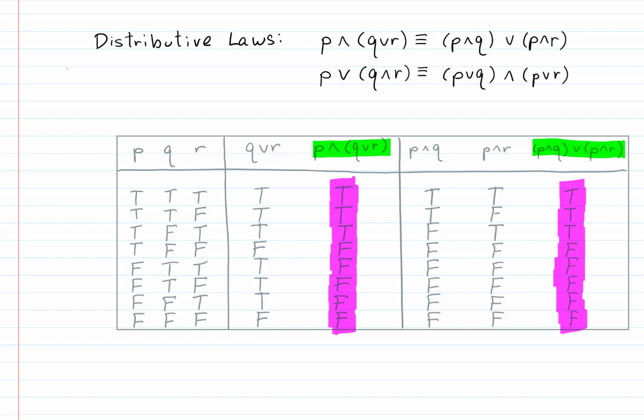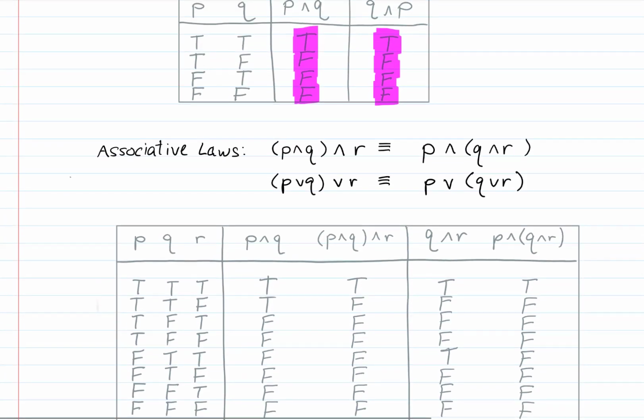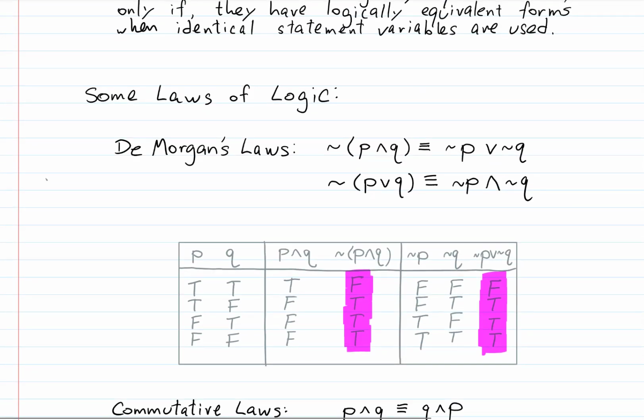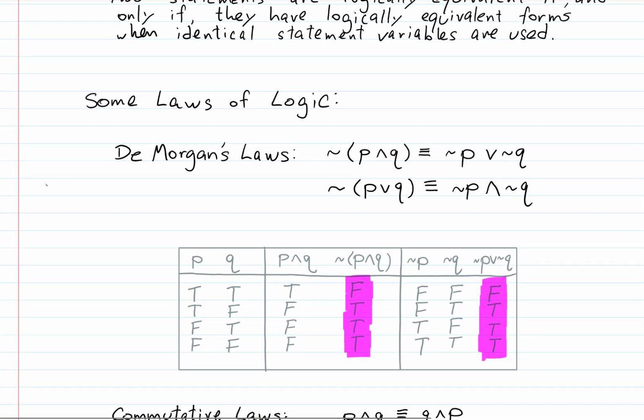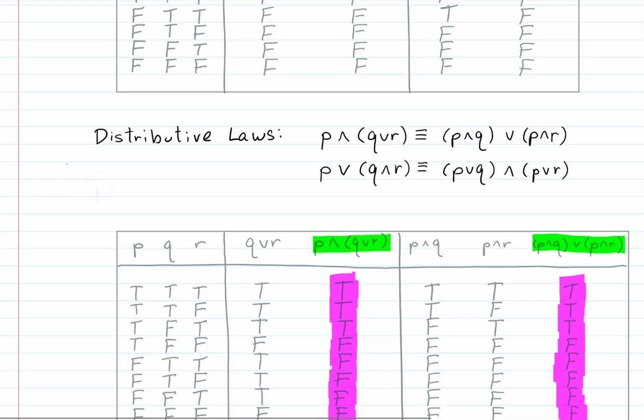And you just learned 8 important laws of logic: 2 distributive laws, 2 associative laws, 2 commutative laws, 2 De Morgan's laws. Okay? Now, one other topic for today: tautologies and contradictions.